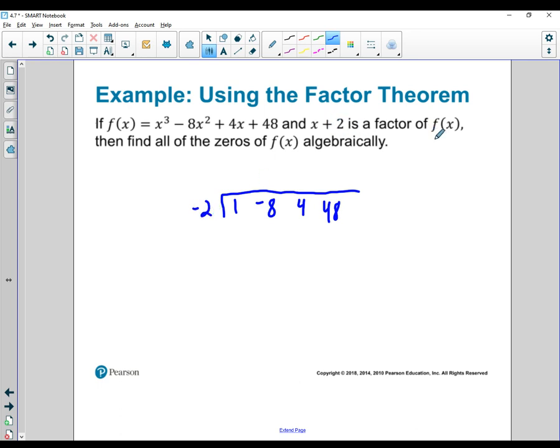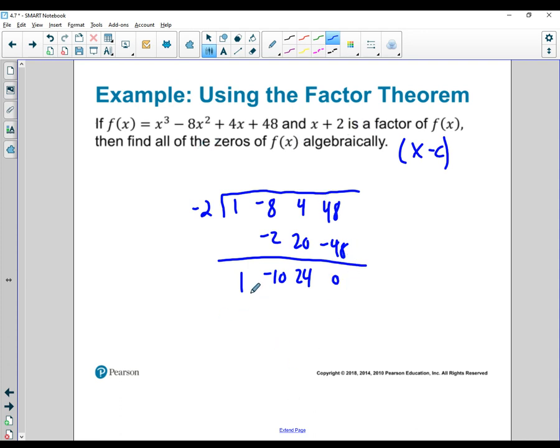It's the opposite, because we do x minus c, so if it's plus c, we're really plus a negative. And then we draw this, bring the 1 down, multiply, -2 times 1 is -2, add, multiply, add, multiply, add. So we have verified that this is a factor because our remainder is 0.